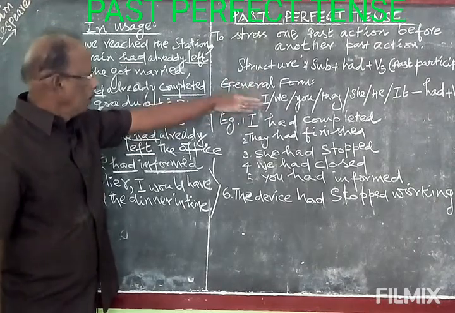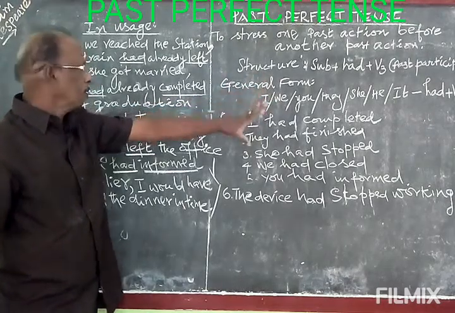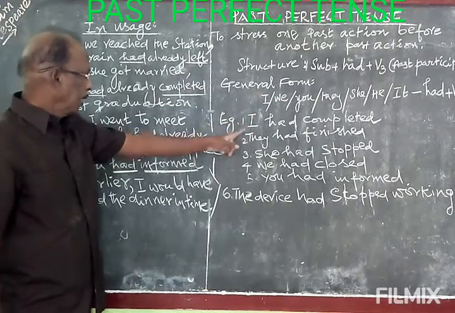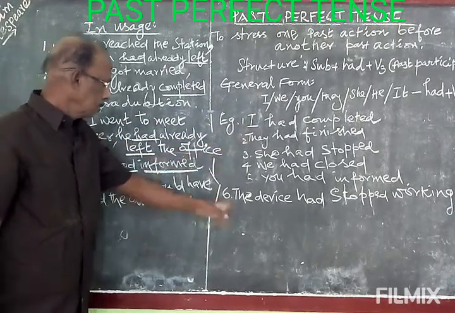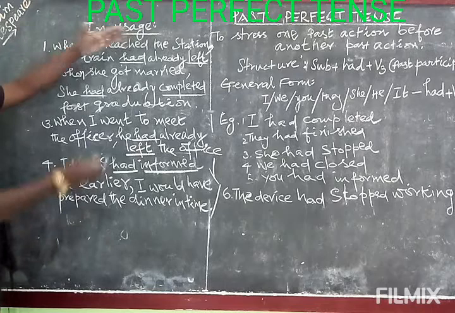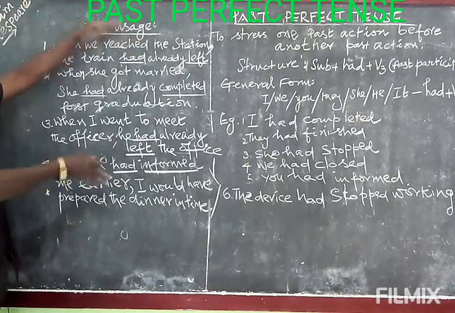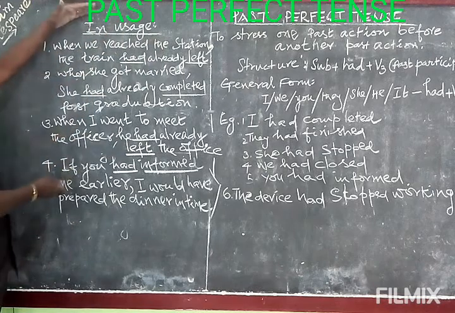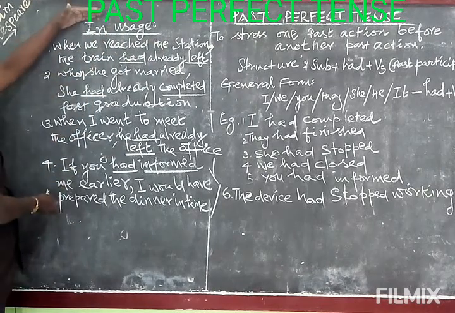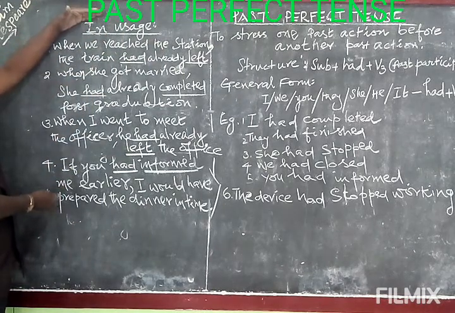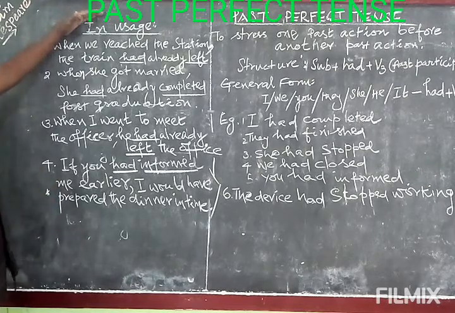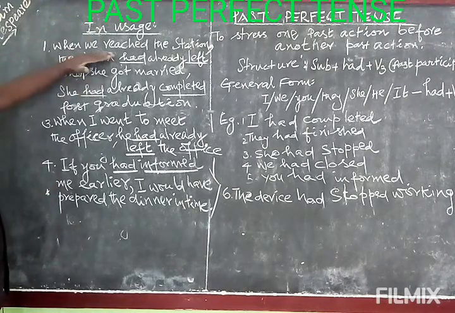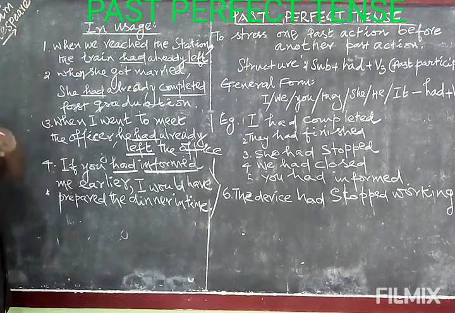General form: all subjects plus had plus verb 3. But normally we don't use those sentences in any situation. This is the form we use in general usage.